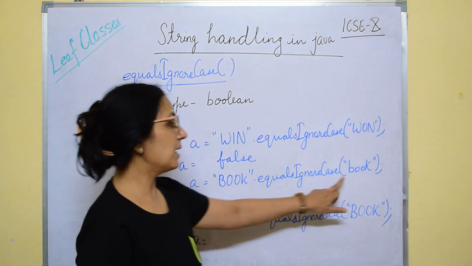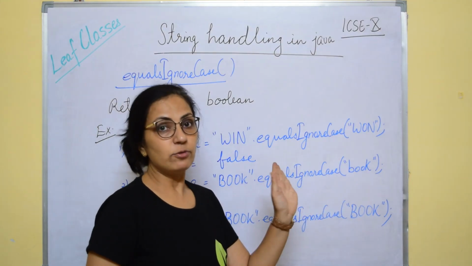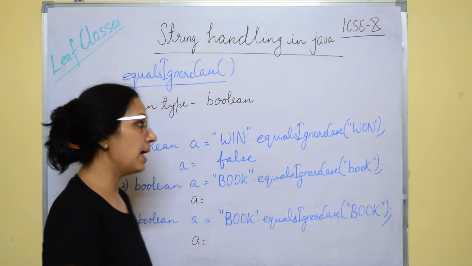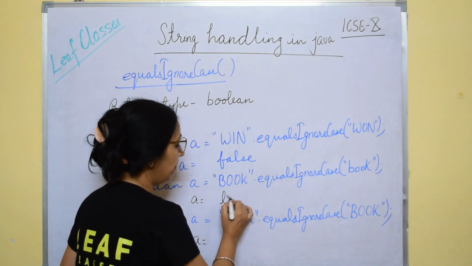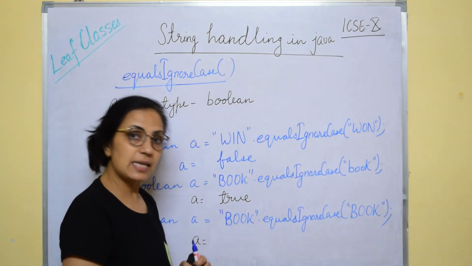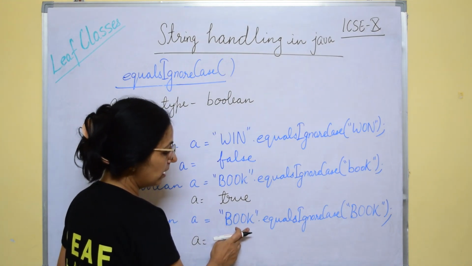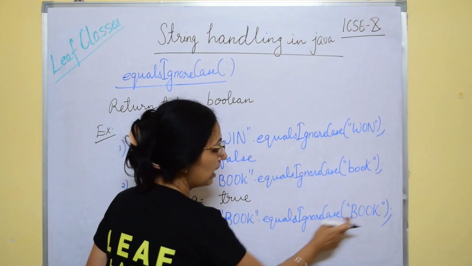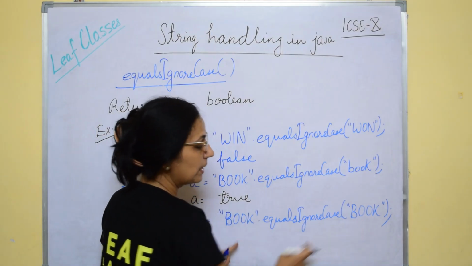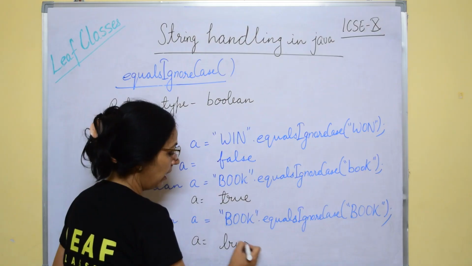So B and B, O and O, K and K, like this. So after ignoring the case, the answer will be true. Book is equal to book, whether it is capital letter or in small letters. Then the third one is book dot equals ignore case book. This also is exactly identical. So the answer here will be true.